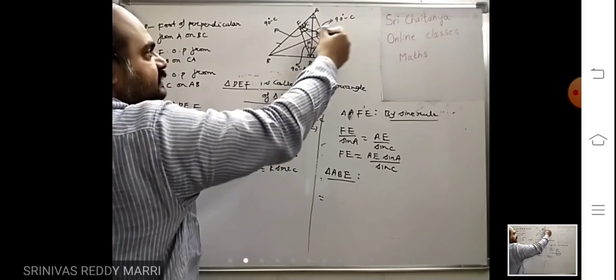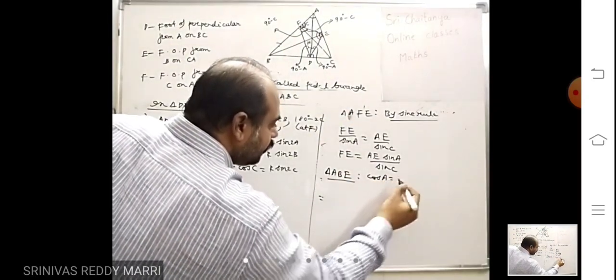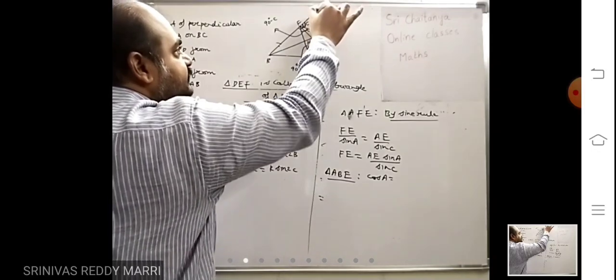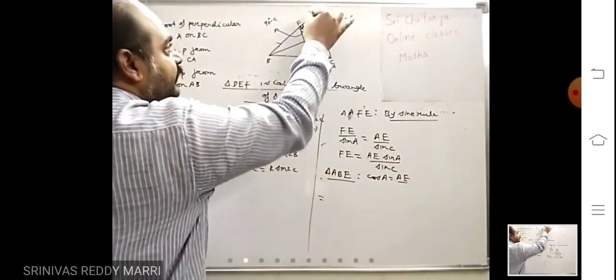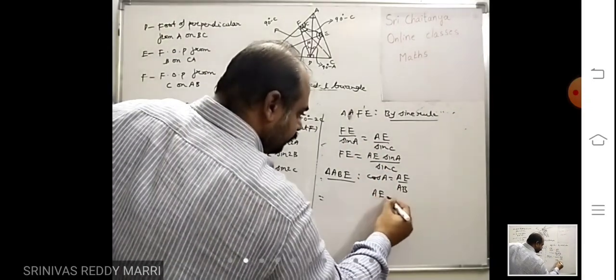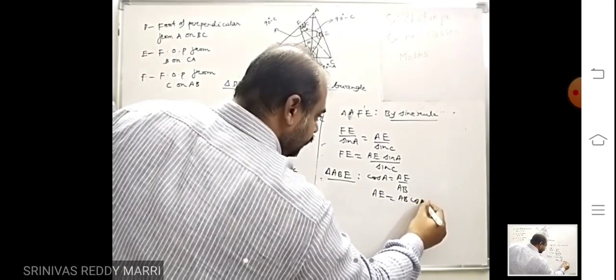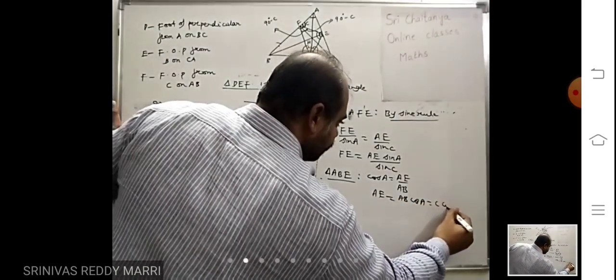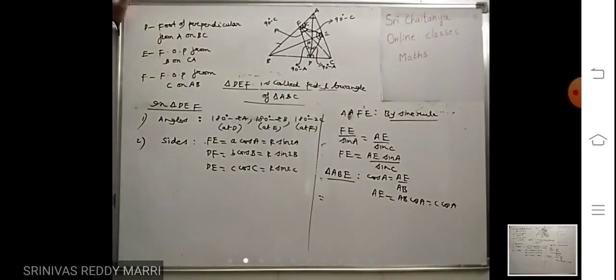What I am writing is, in this triangle, cos A, the cos of this angle, means adjacent side AE divided by this side AB. So AE is nothing but AB cos A. AB in triangle ABC is c.